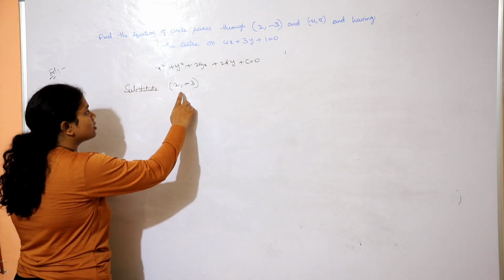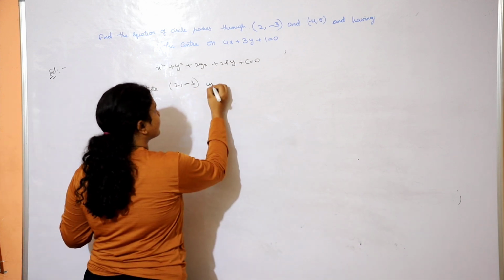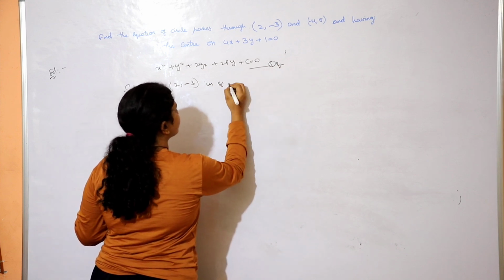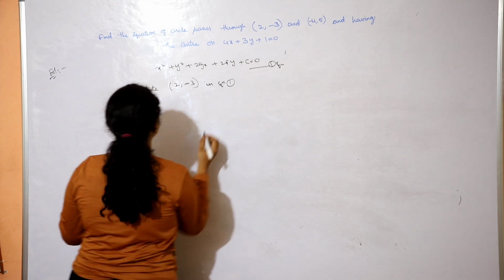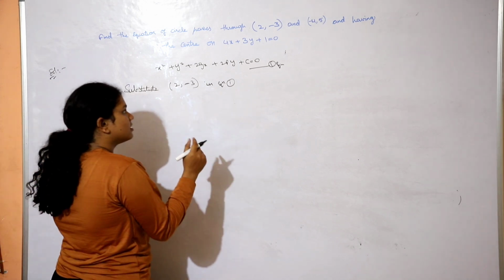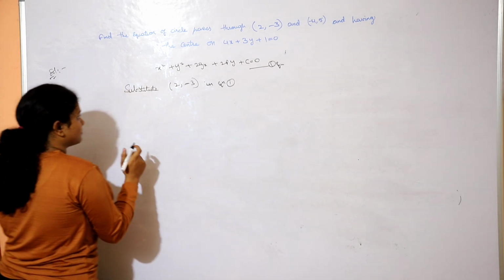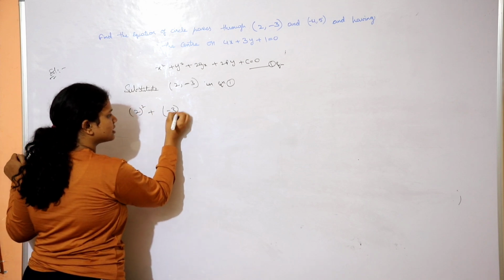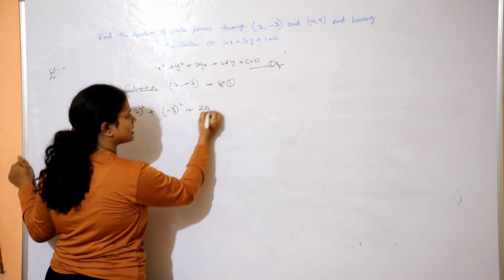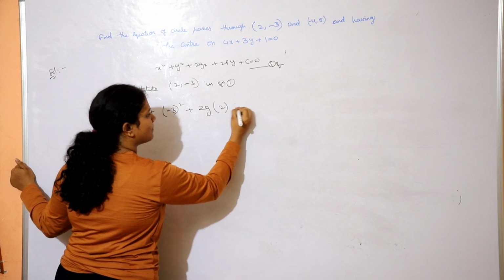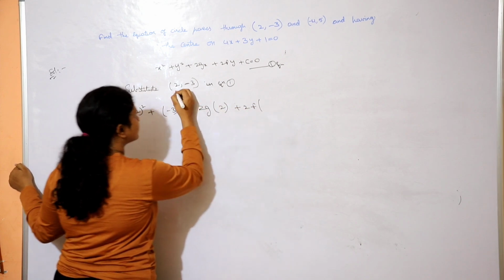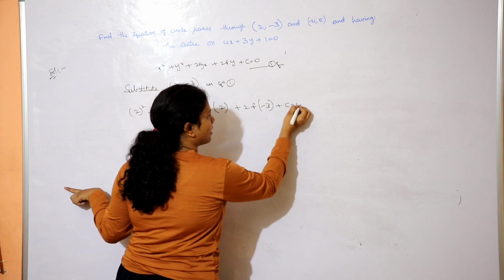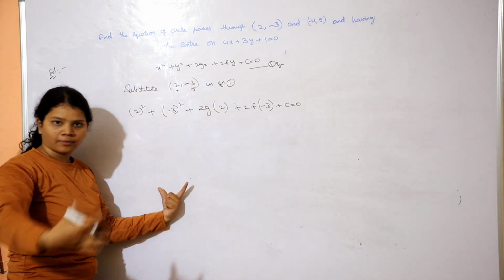So substitute 2 comma minus 3 in equation 1, letting the general equation be equation 1. So this becomes 2 square plus minus 3 square plus 2g times 2 plus 2f times minus 3. Guys, I feel that you know this process, that's why I'm going so fast.